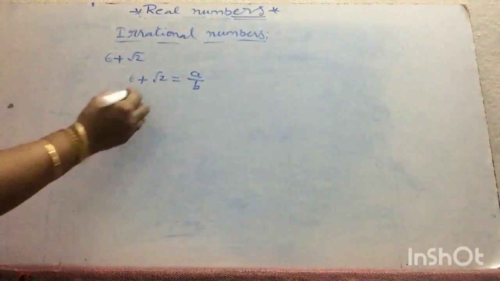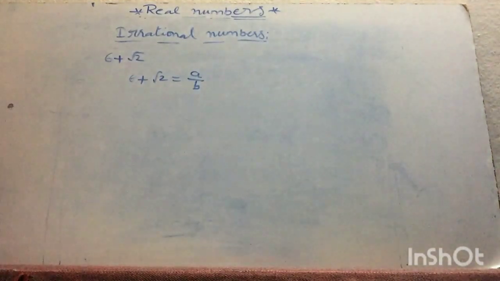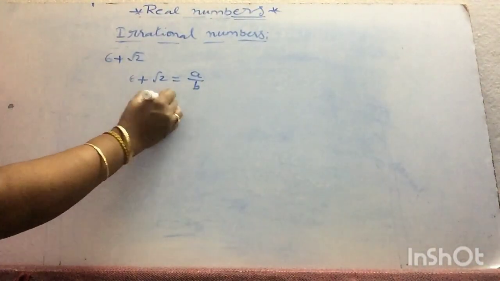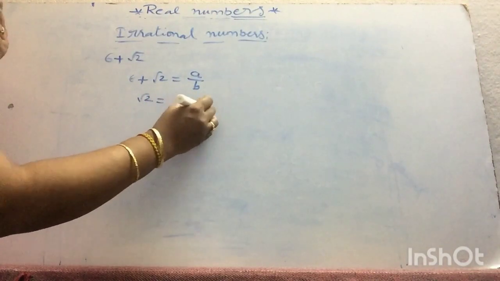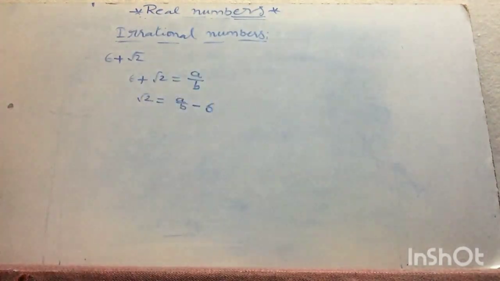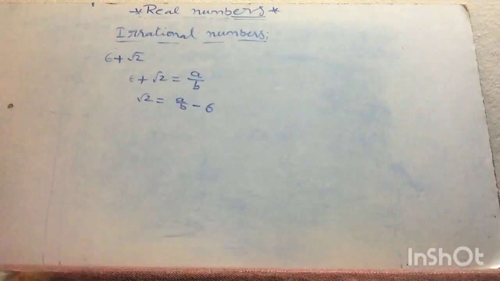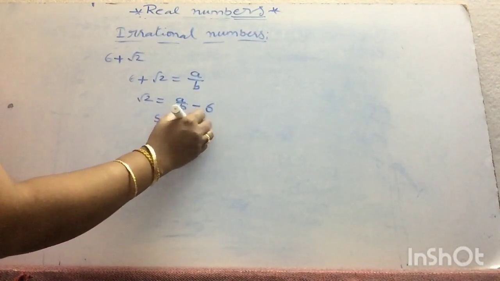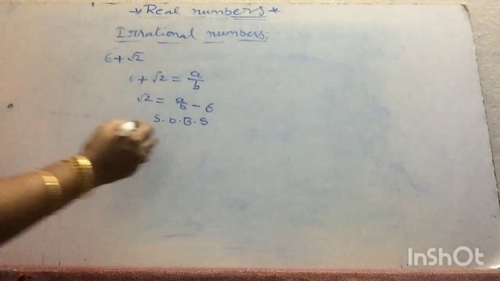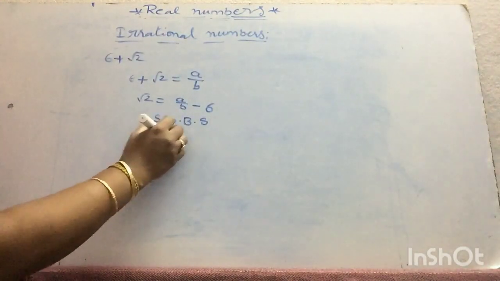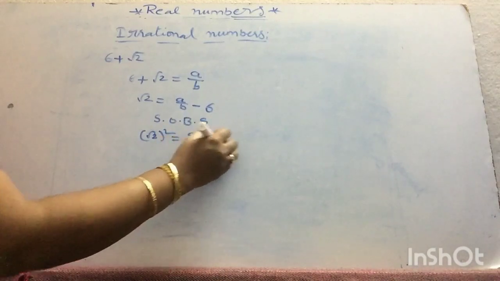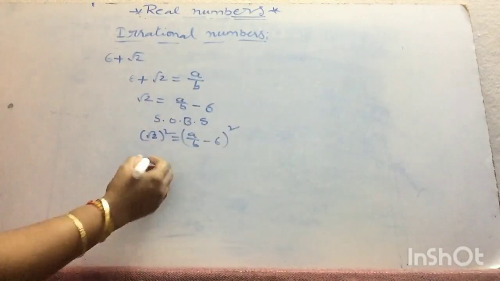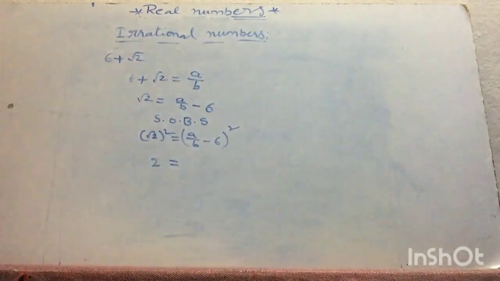Now root 2 equals a by b minus 6. I transposed the 6 to that side. Squaring on both sides, root 2 whole square equals a by b minus 6 whole square.